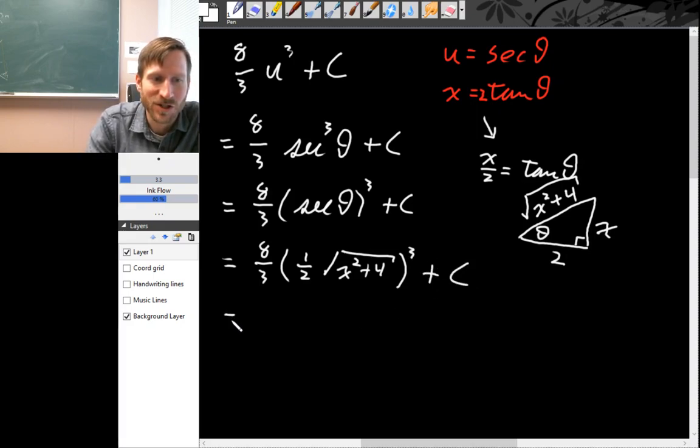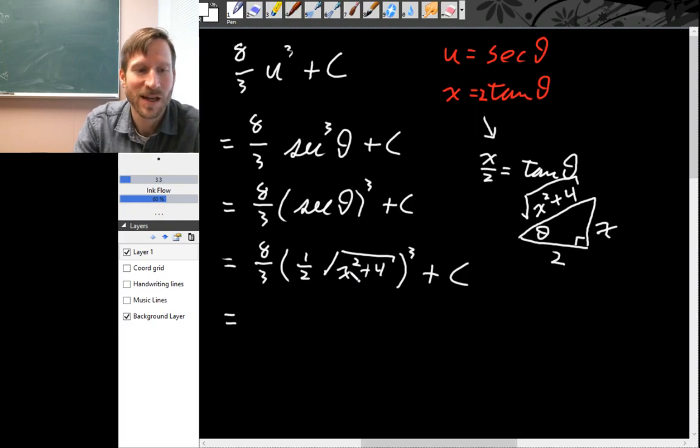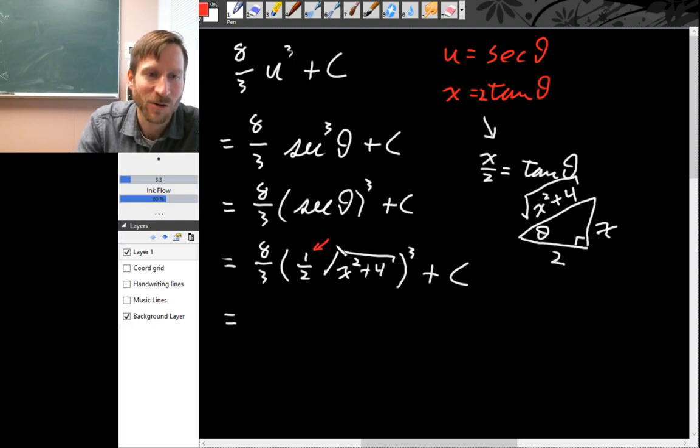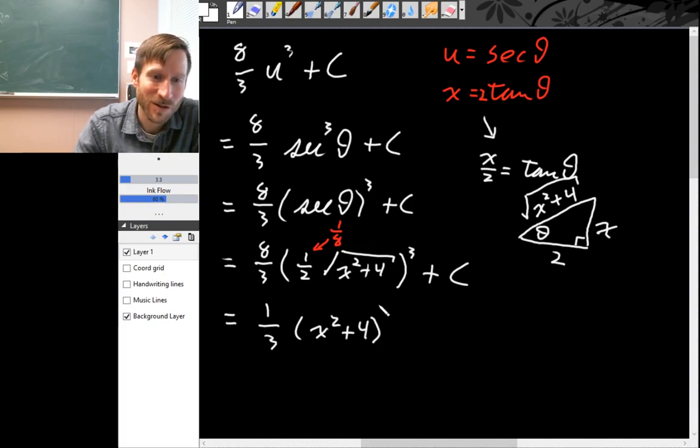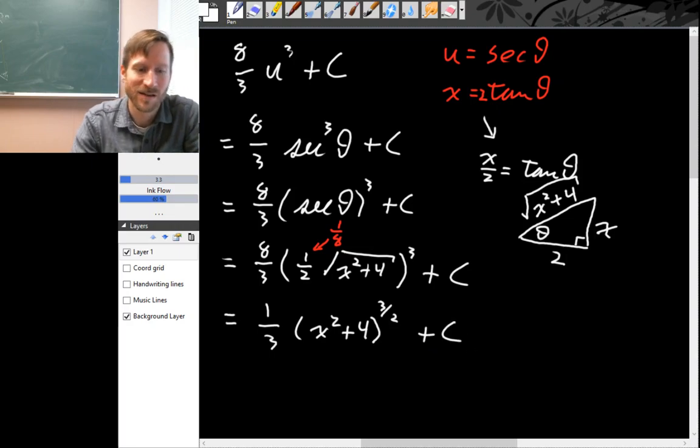And now to finish it off, we can do a little bit of simplifying. This 1/2 right here, when we cube it, 1/2 cubed is 1/8, and that's going to cancel the 1/8 in front, so we get 1/3 times x squared plus 4, square root to the third, so that's to the 3/2, plus c.